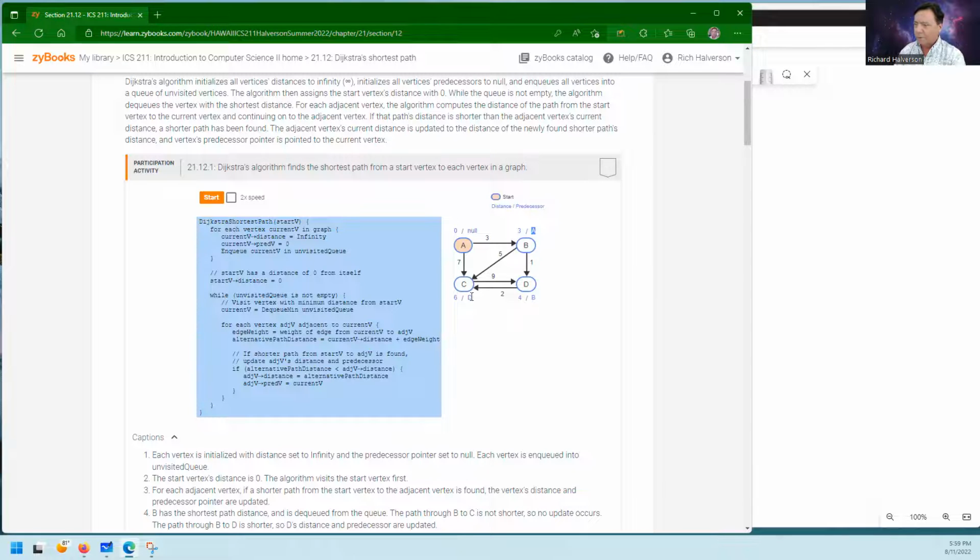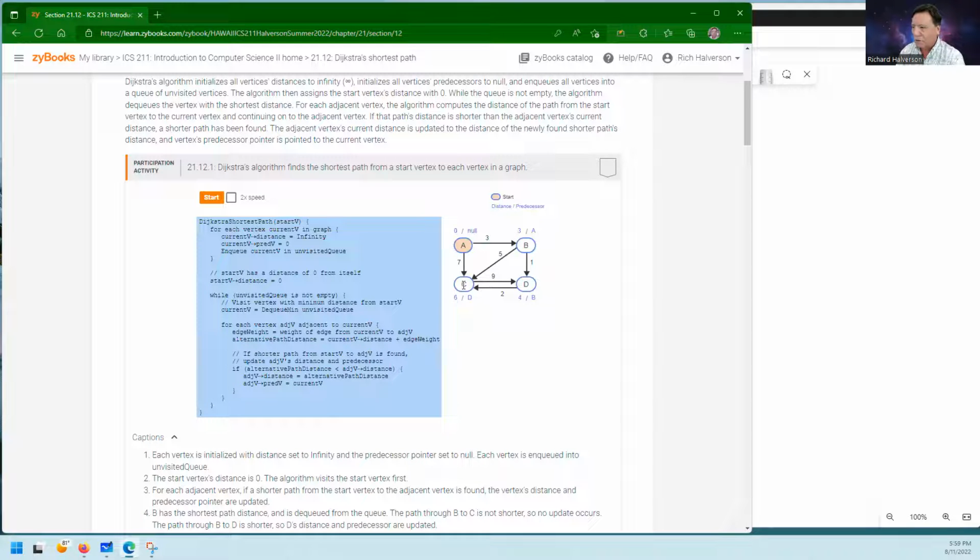So, for example, here we have vertex C, and this is all filled in now. So you go through this algorithm and follow this. And so this is the finished data for these vertexes.